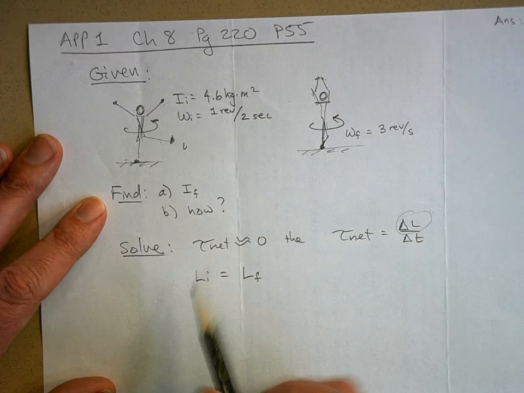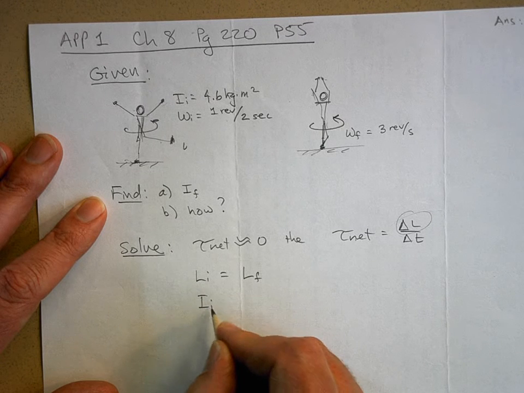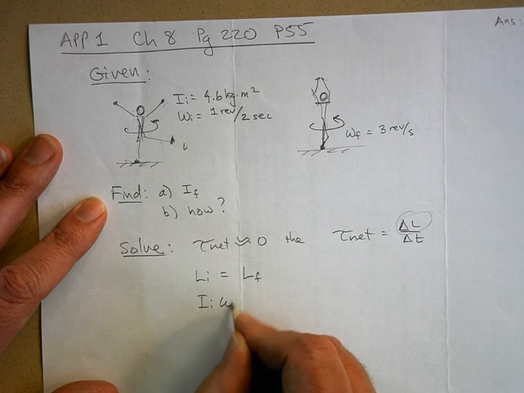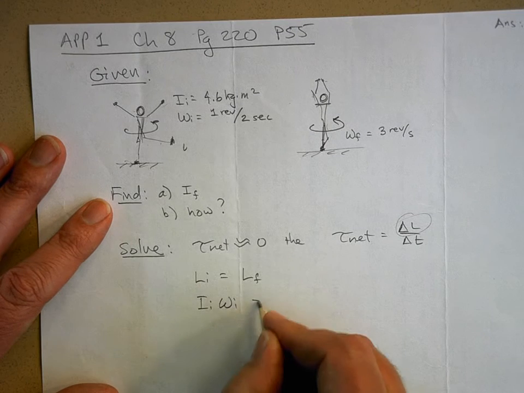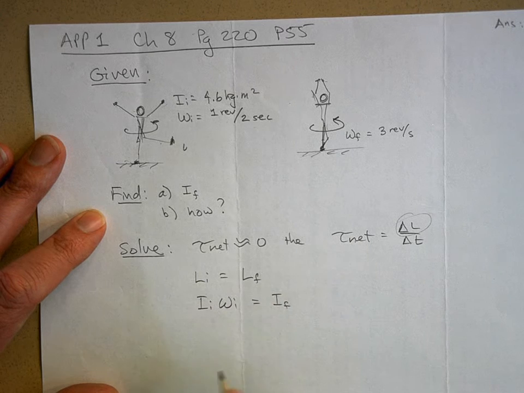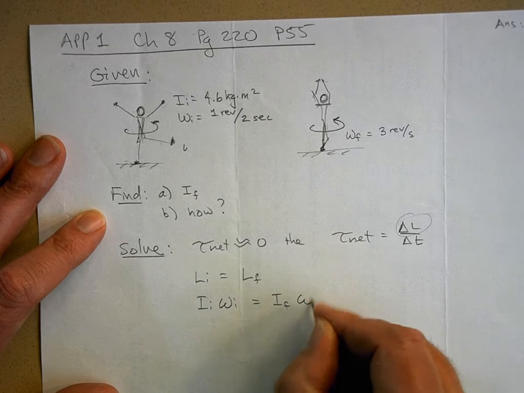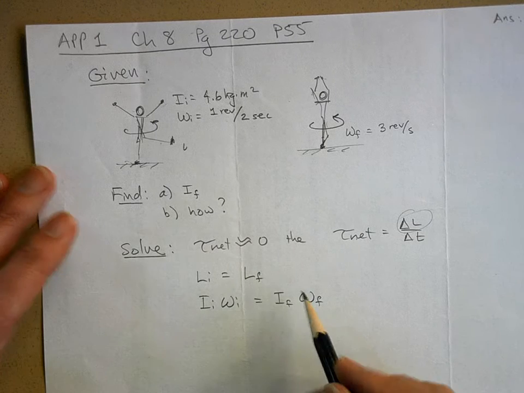The initial angular momentum is the initial rotational inertia times the initial angular velocity. That'll be equal to the final rotational inertia times the final angular velocity. And now we can solve for this.